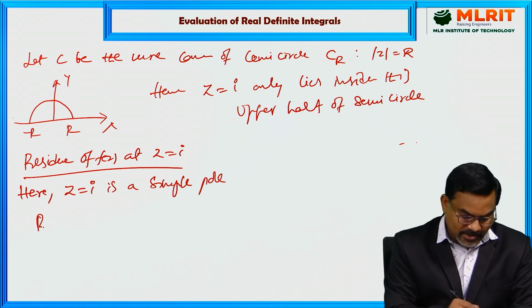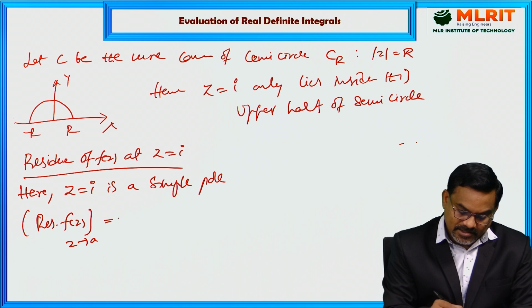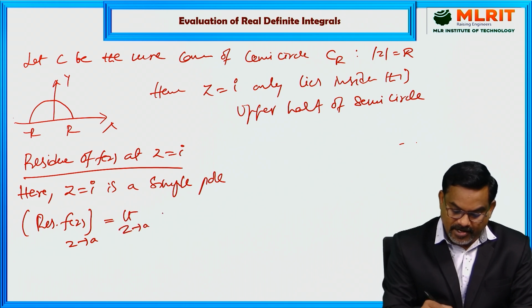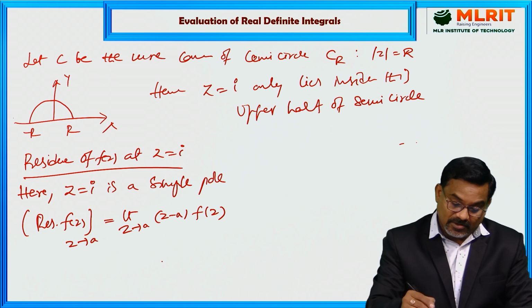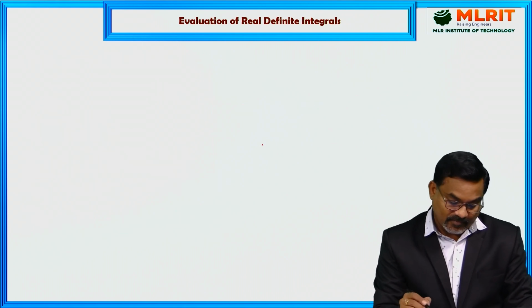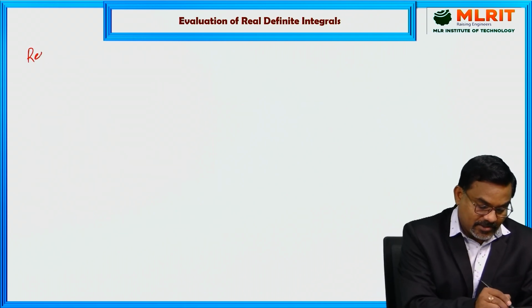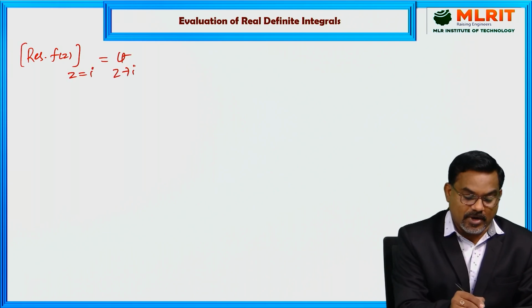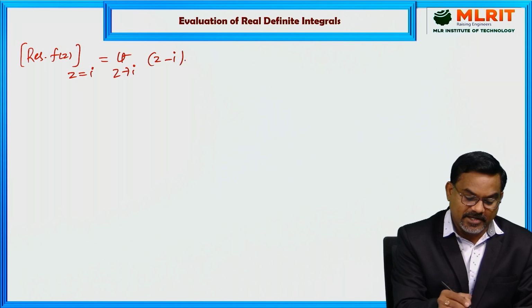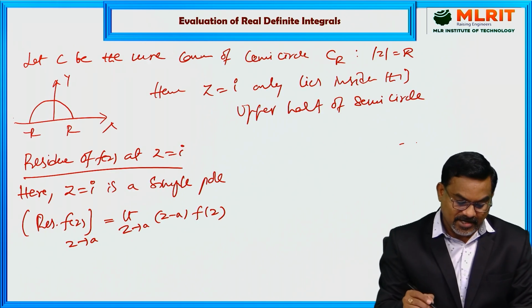And how to find the residue at a simple pole? The limit as z tends to a of z minus a into f of z. So the residue of f at z equal to i is the limit as z tends to i of z minus i into the function f of z.